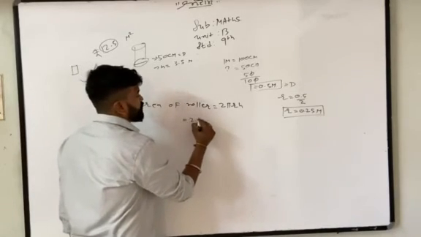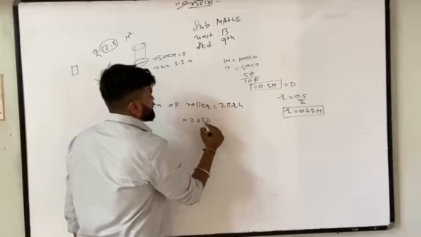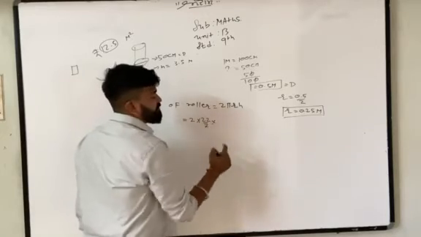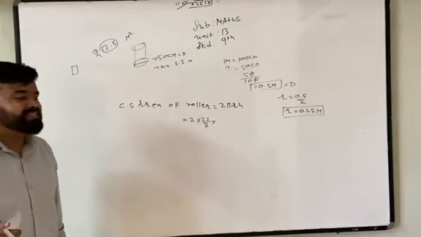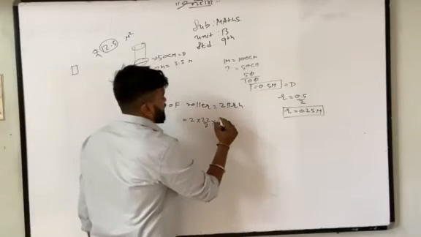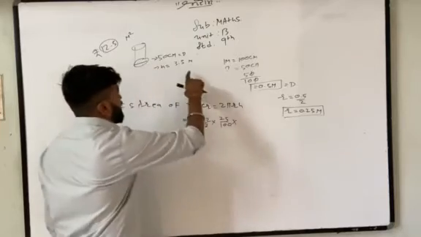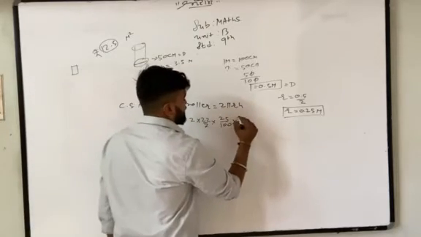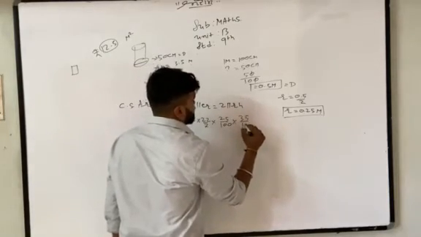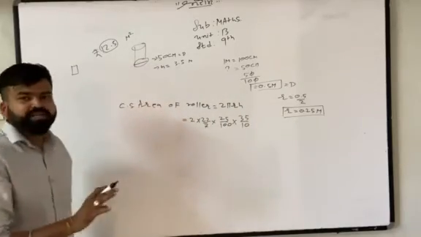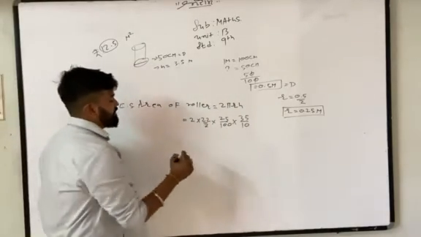We will get 2 multiplied by 22 by 7 multiplied by 0.25. Instead of that, I can use 1 by 4, that is equal to 25 by 100, multiplied by the height 3.5, which can be written as 35 by 10. I have just removed the decimal place and used the 10 value.